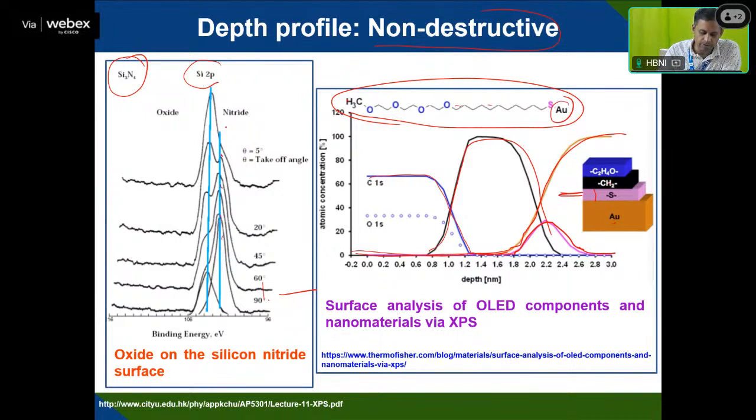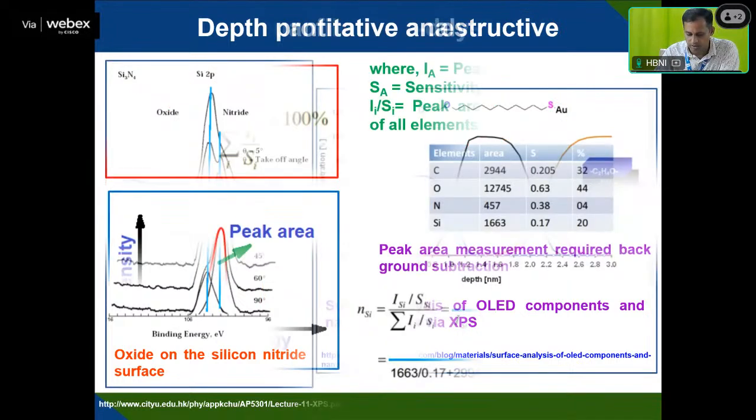You can see the nitride peaks are here and silicon is there, but by increasing the depth you can see the peak corresponding to silica. The different oxidation states of Si peaks can be observed depending upon the layered structure.